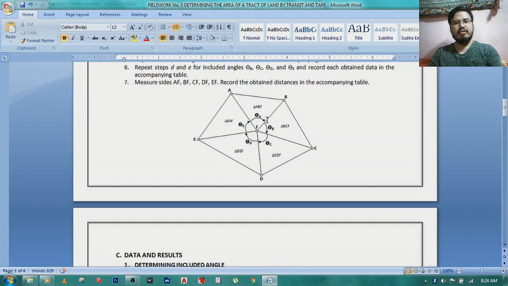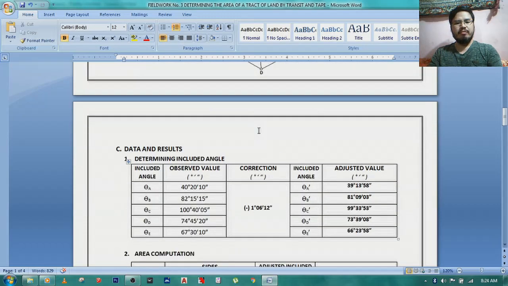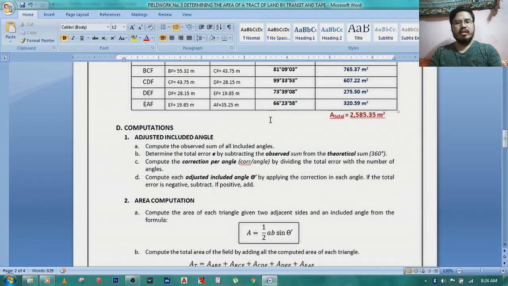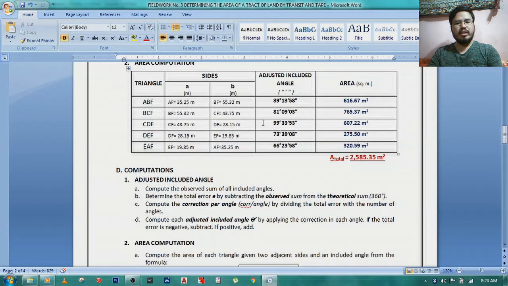I remind you, do not copy this one. This is not drawn to scale, so you have to draw whatever your distance is here and your adjusted included angles. If you do not do that, I will notice it.